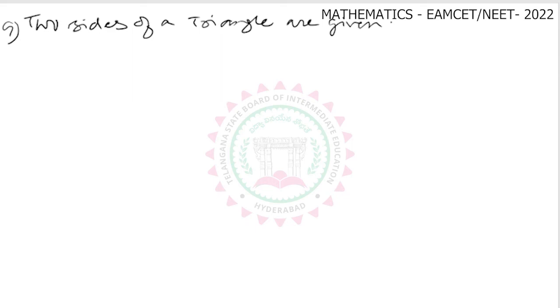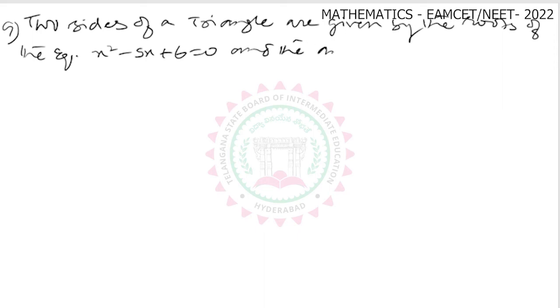Two sides of a triangle are given by the roots of the equation x square minus 5x plus 6 is equal to 0, and the angle between the sides is pi by 3.